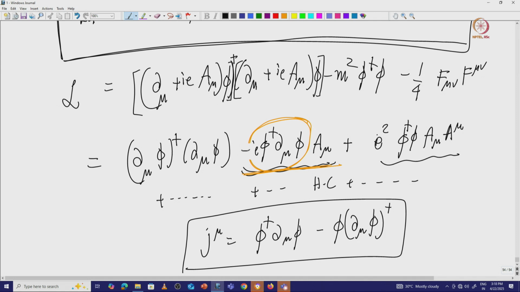Now, you see this current is coupling with the electromagnetic field, so this is actually the electric charge.